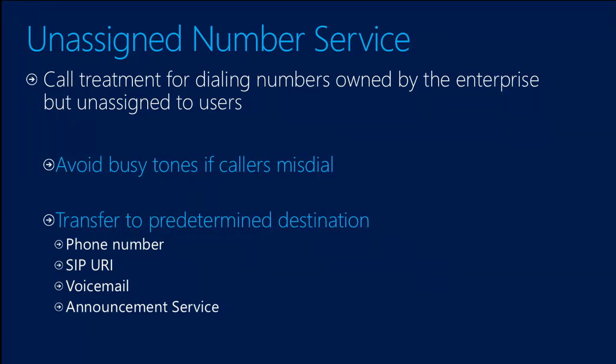If within the organization we have maybe 5,000 numbers, but we are only using maybe 1,000 and 4,000 are unassigned, and somebody calls one of those numbers, you do not want them to get a busy signal or a busy tone or a hang up. For these unassigned numbers, you can make sure that they go to a phone number, or maybe go to a reception, and you can have a recorded message for them.